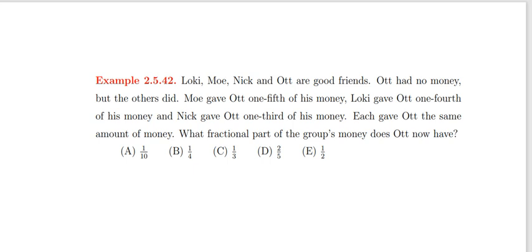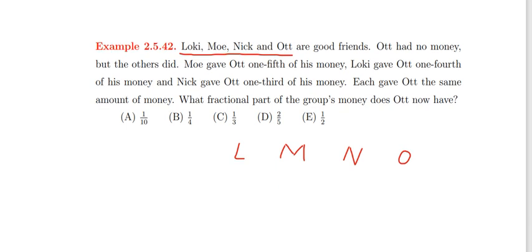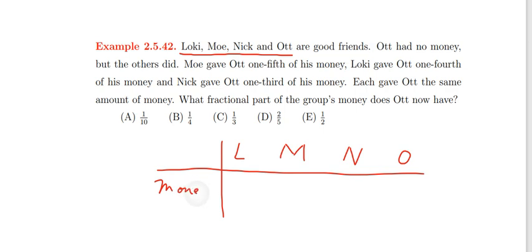Okay, so let's say we have these 4 people, L, M, N, O, they are good friends. And for money, O has 0 money.